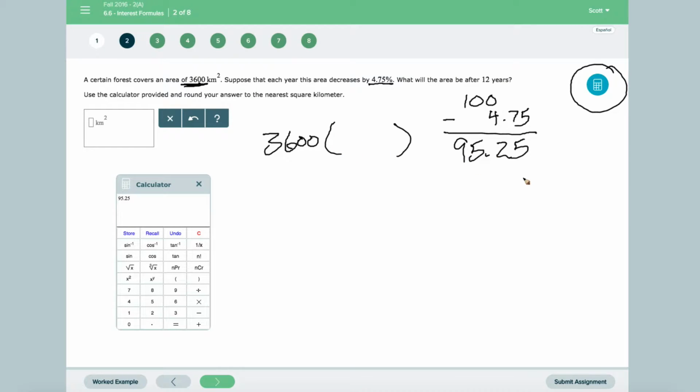That's what goes in here. If it were increasing, we'd add, but we're decreasing, so we subtract. Now that has to be a decimal. That's 95%, so we've just got to move the decimal 2 places over. And so we times 0.9525. And we want 12 years, so we're going to put a 12 right there.